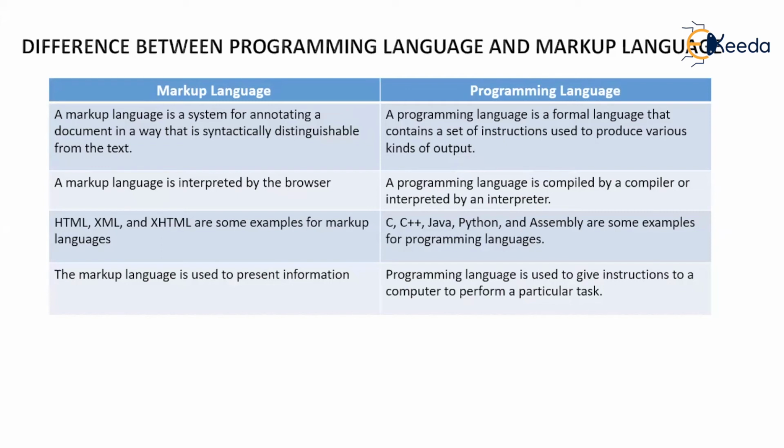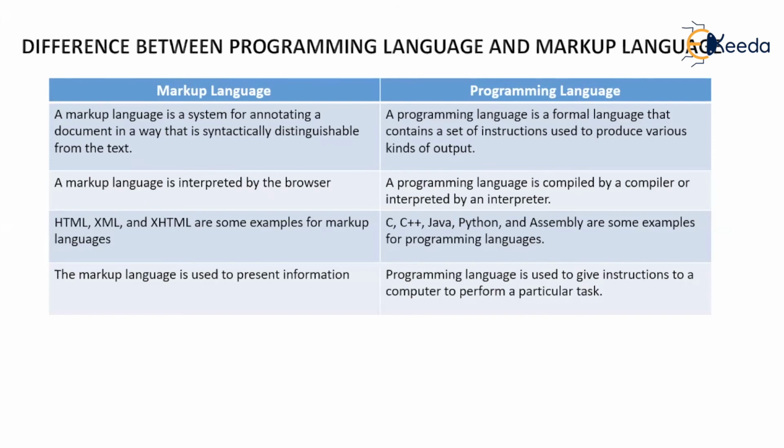A programming language is compiled by a compiler. That means it is checked by a compiler and then converted into machine code. That means all programming languages, when written, are converted into a computer understandable code, which is binary code.